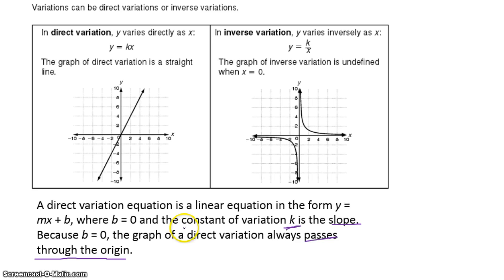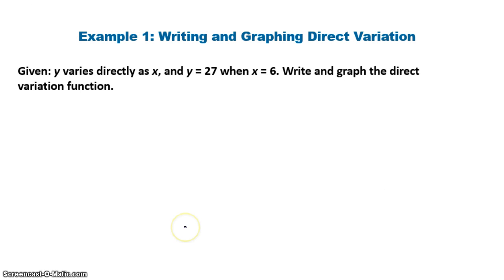So let's write a direct variation function here. Okay, let's say we have y varies directly as x, and y equals 27 when x equals 6. So we're going to write this particular function, and then we're going to graph it. So to write the function, we're going to start off with our standard form of y equals k times x.